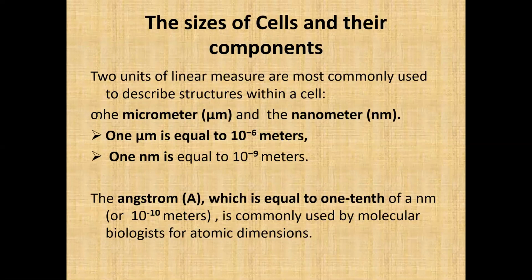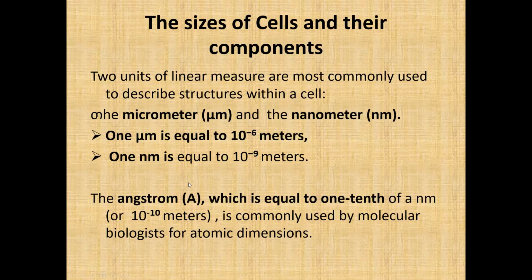What measurement are we using in order to describe some parts of the cell? Two common measurements are used, micrometer and nanometer. I want to remind you that 1 micrometer is equal to 10 to minus 6 meters, and 1 nanometer is equal to 10 to minus 9 meters.